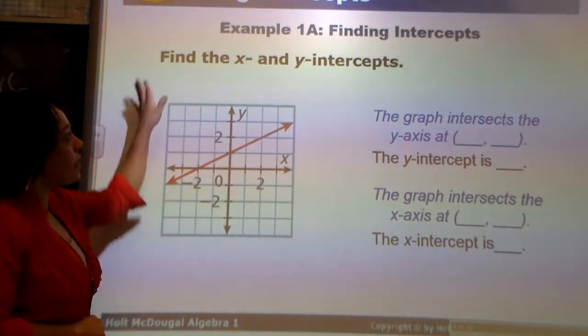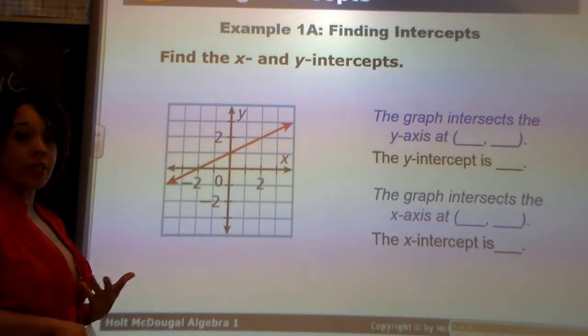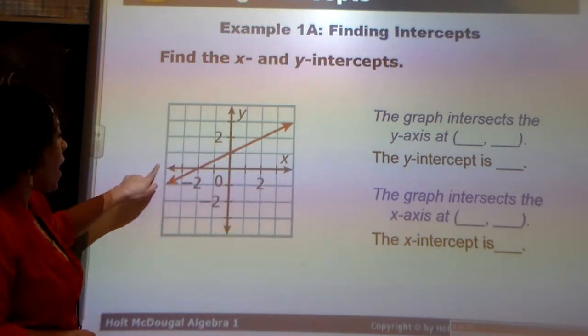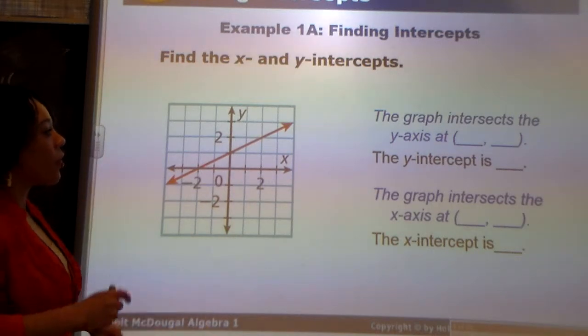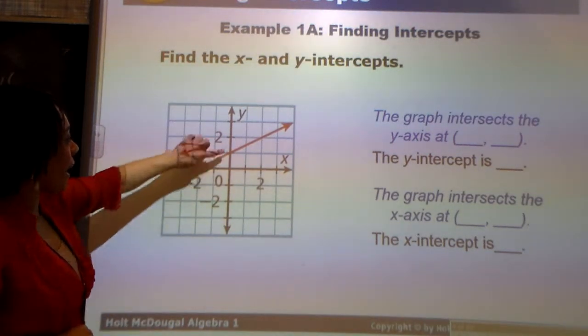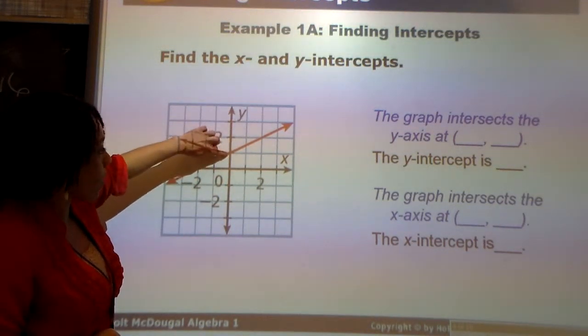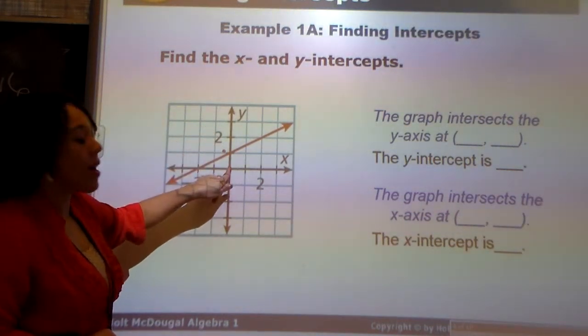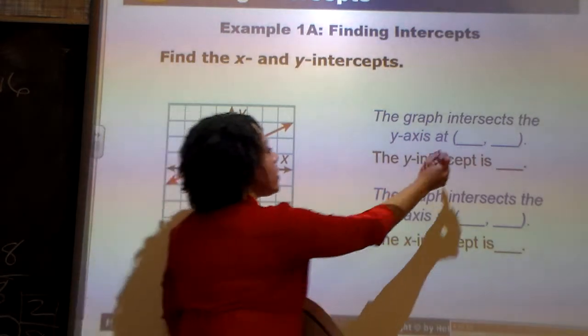So the example here says find the x and the y intercepts. Well, as I'm looking, here's my y and here's my x. The graph intersects the y-axis, so this is the y-axis, at what? Well, this is 0, we go up to 1. But we have not moved on our x-axis, so our x is still 0.